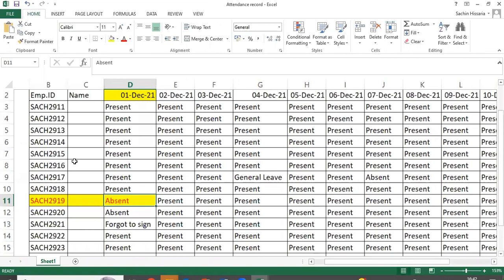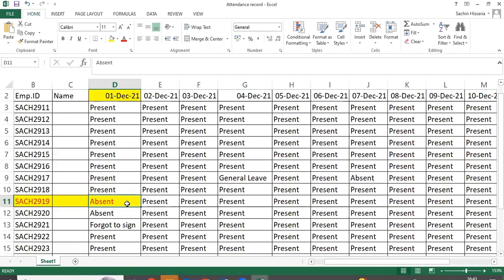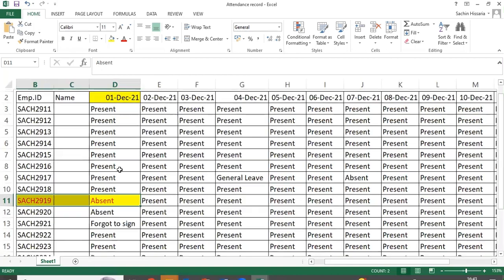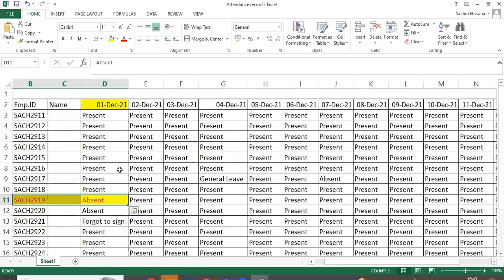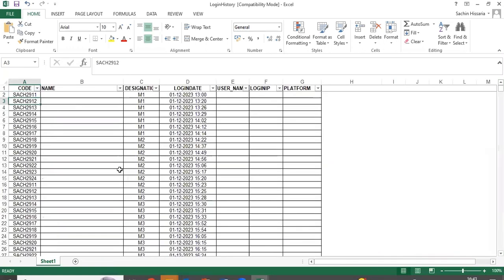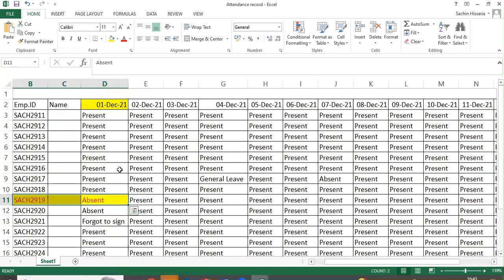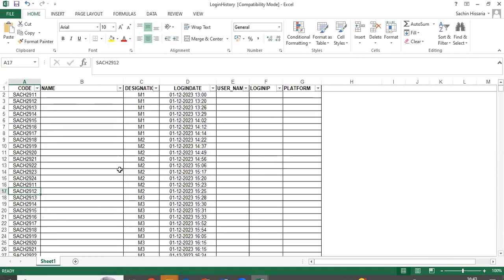Suppose this employee was absent on 1st December 21, that means he should not be able to do any login into the application. But in the login and logout report, suppose this employee is coming.